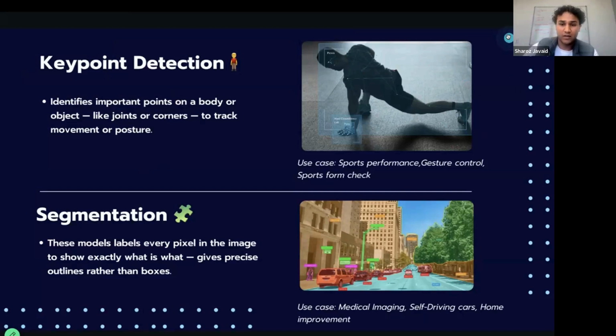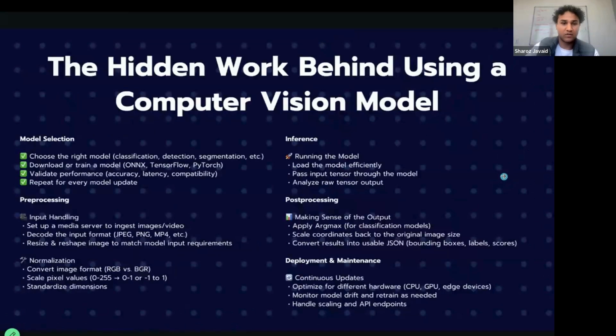Now going into what it actually takes to create a computer vision model traditionally. You would need to first select the right model, and then you would need to pre-process your data and then normalize it. And then you can begin to actually run inference and start to run your model. And then once you run it, you would need to do a whole post-processing, making sense of the output of your model.